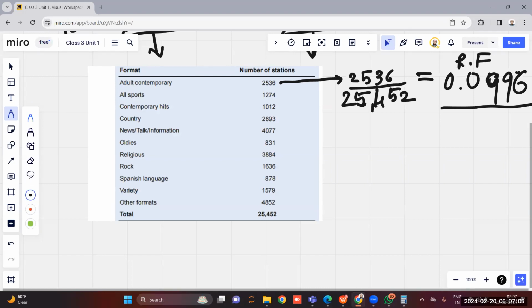This relative frequency I have to convert into degrees, so I have to multiply it by a number that converts it into degrees.